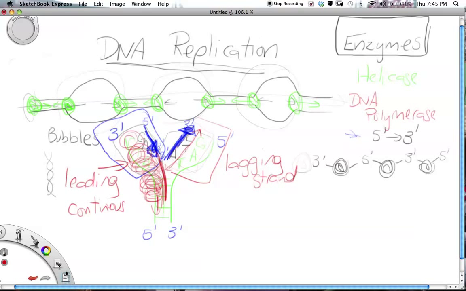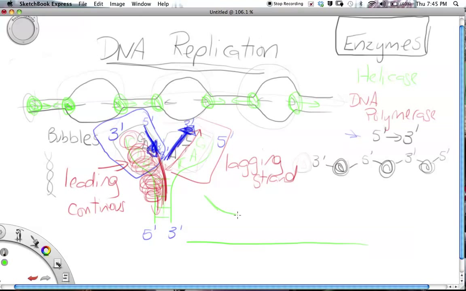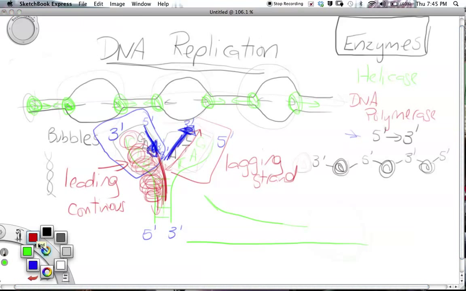So it's going to look like, if we have our old strand as this green, what's going to end up happening is this part was broken off, and this was left empty, so this got made.